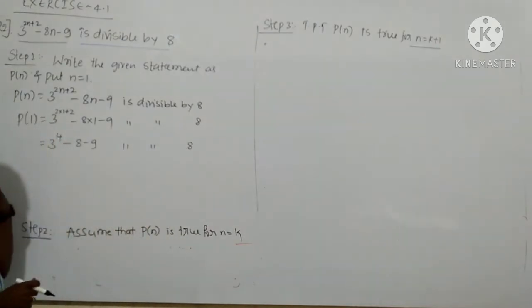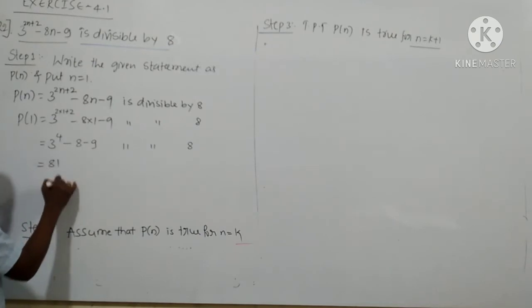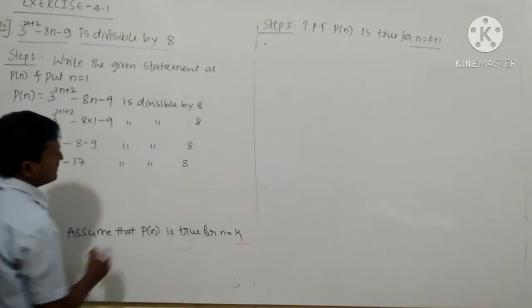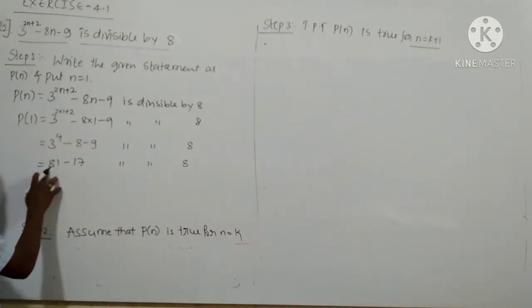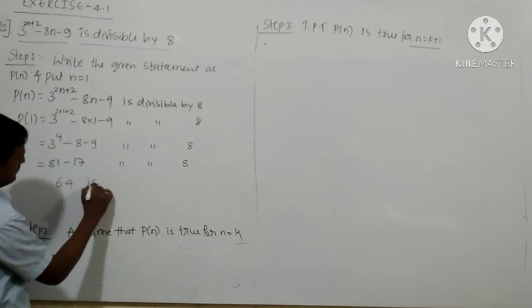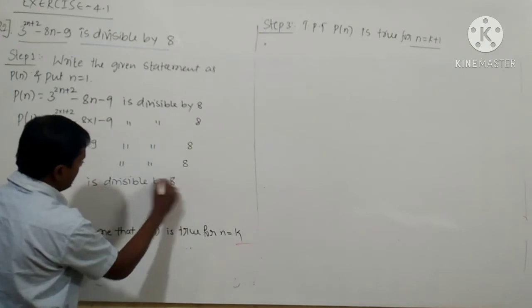What is the value of 3 to the power 4? 81 minus 17 is divisible by 8. So clearly 81 minus 17 means 64. 64 is divisible by 8.